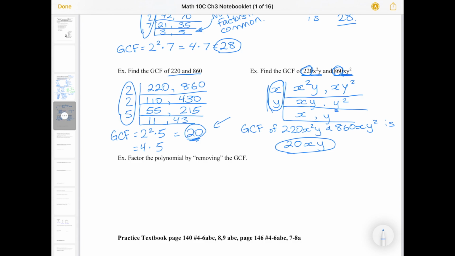So whether I'm dealing with actual numbers or numbers and variables or just variables, it's the same process. So don't let these x's and y's scare you. It's the exact same thing. And we just multiply them together at the end, so it looks like that. 20xy would be our GCF.